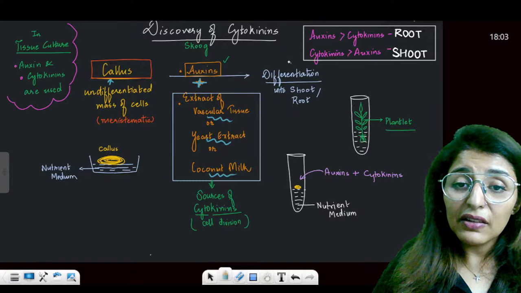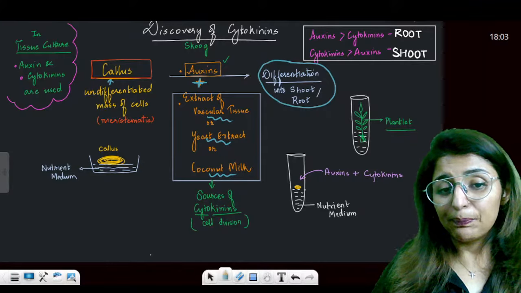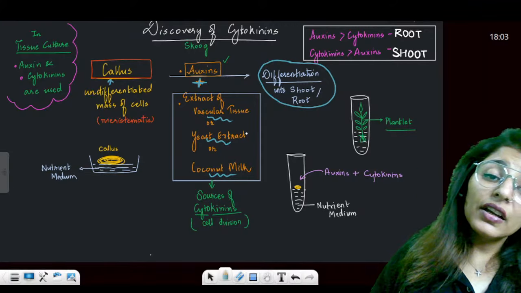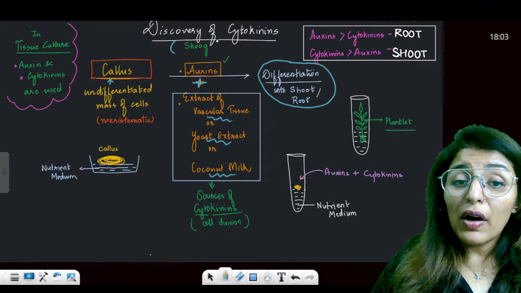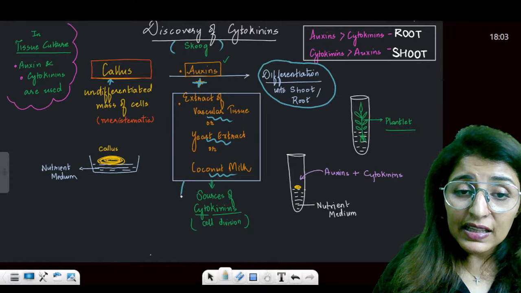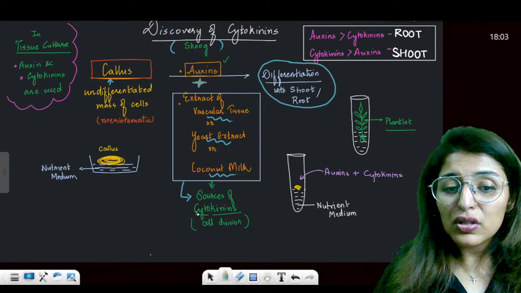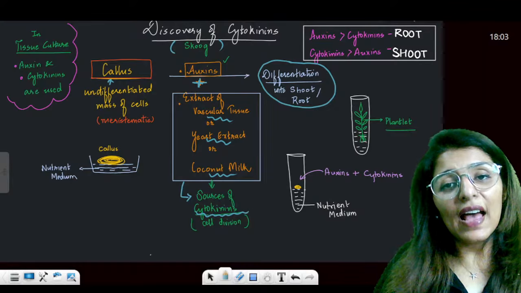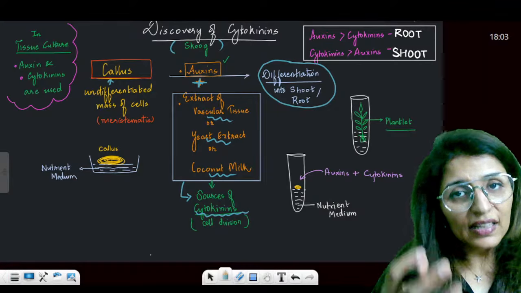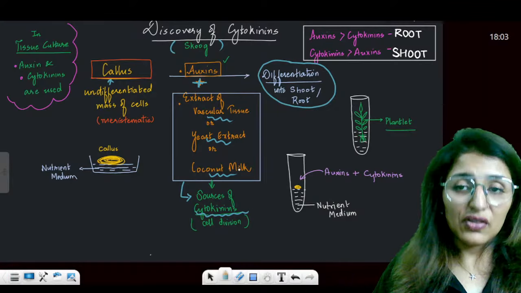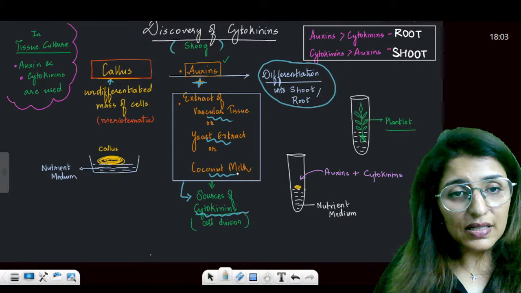It was seen that differentiation of root or stem happened quickly. Later on, Skoog found that these three things added in addition to auxin were sources of cytokinins, and they enhanced the rate of cell division. Is this point clear?